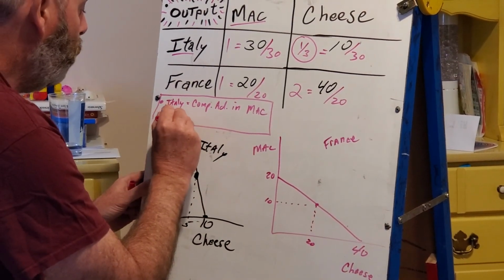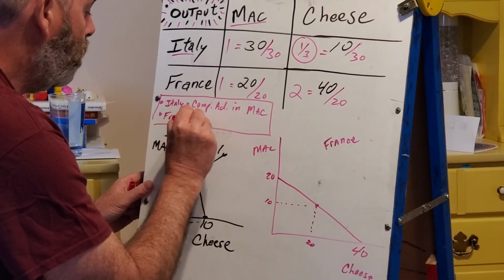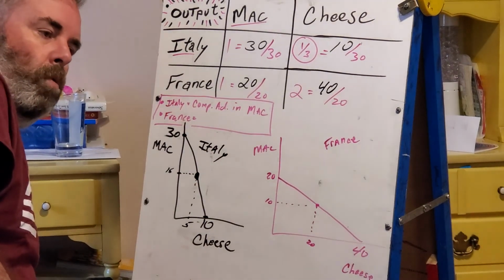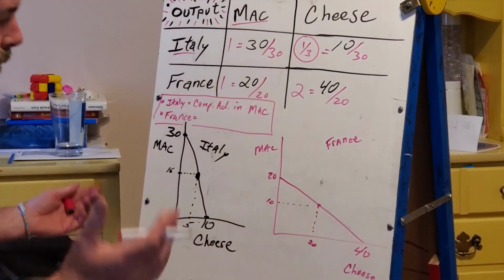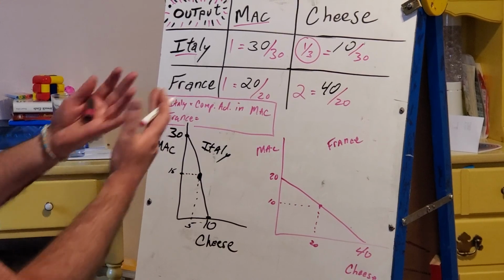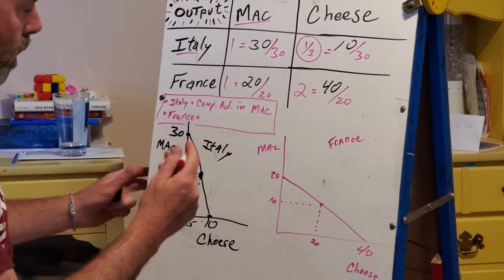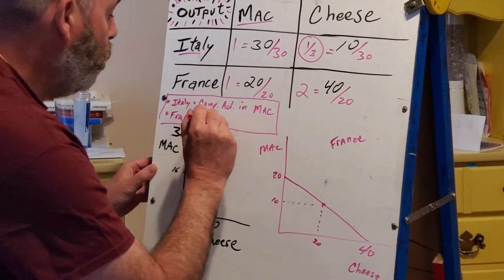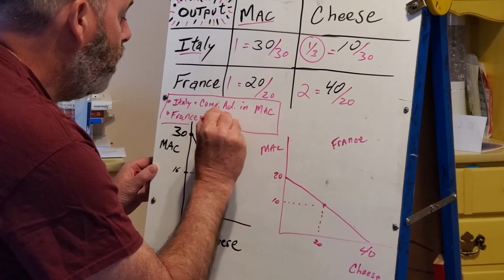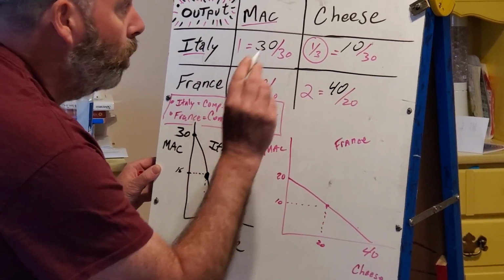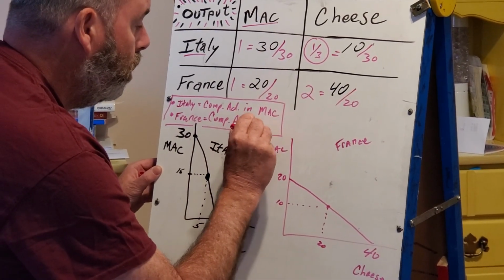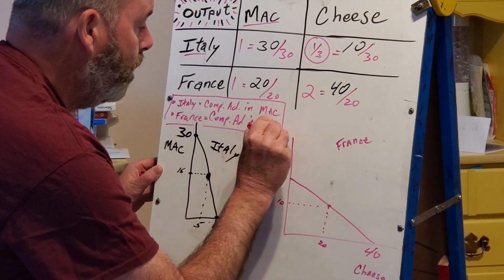I'm going to compute that for you in a moment. But just know, if you want to save time, you don't have to do the French computations as I will now. France will have the comparative advantage in the other good, which is cheese. More on that in a second.